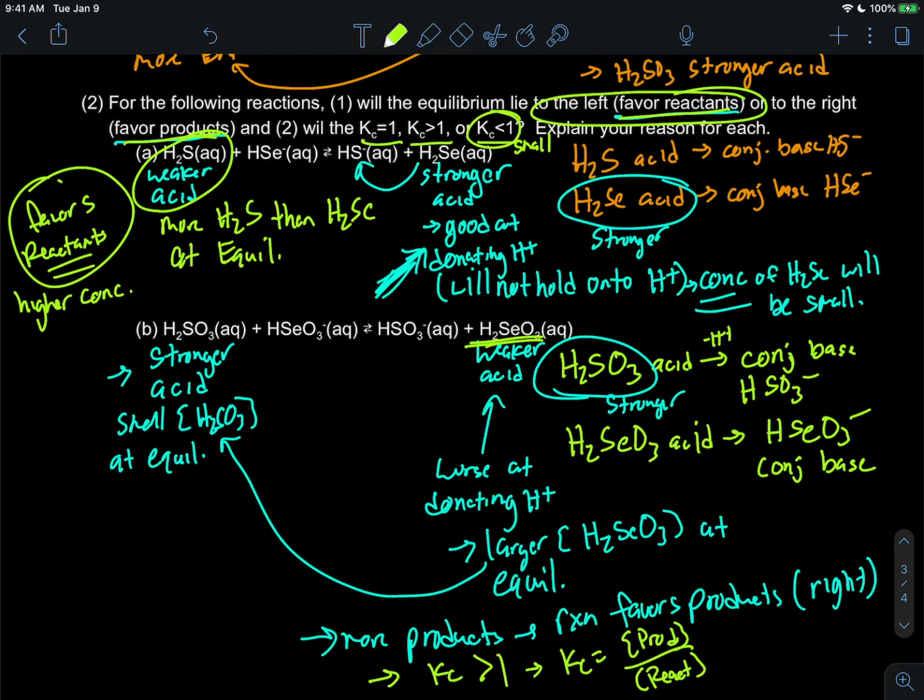And so because we have more products at equilibrium, that means we're going to have a Kc value greater than 1. Now, hopefully you had a chance to think through those ones on your own first and check and see what you got. And we're going to see here, this gives us the ability to apply the structure of a molecule onto the idea of how strong or weak that acid is when we're comparing 1, 2, or maybe 3 different acids to each other.